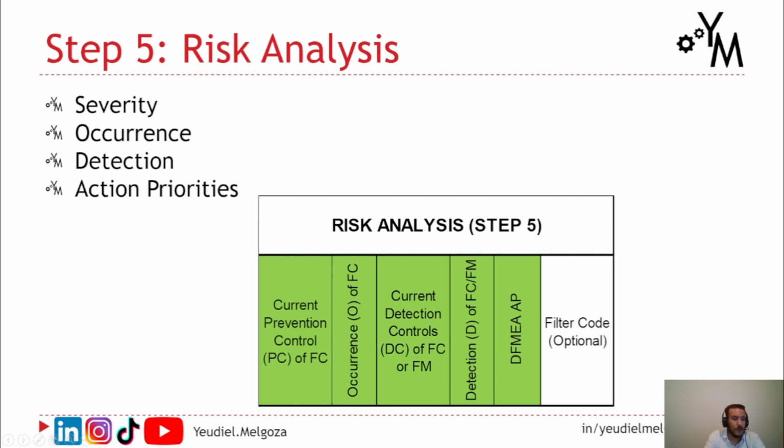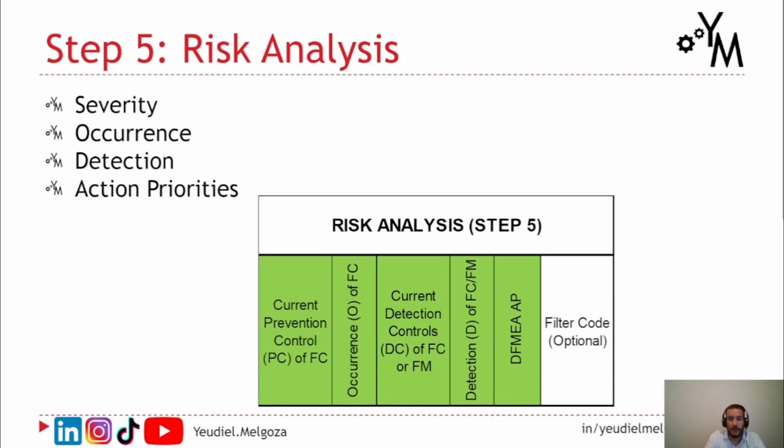This leads us to an action priority that we are going to see in this AP column. And because not all the risks require the same energy, the same resources, the action priority works as a way to prioritize what is most critical.